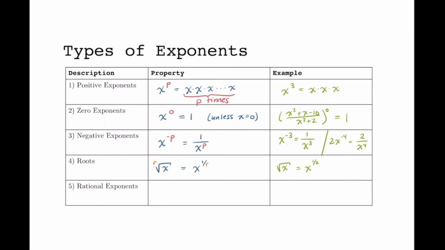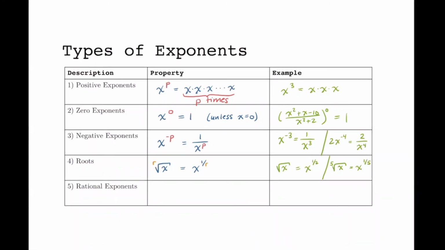Again, sometimes it'll be easier to work with it in one form versus another. Here's one more example. If we have the 5th root of x, take a sec to write down what this might be. Of course, that is the same as x to the 1/5 power. So whatever that root is, that just goes in the denominator of the exponent, and we get a 1 in the numerator of the exponent.